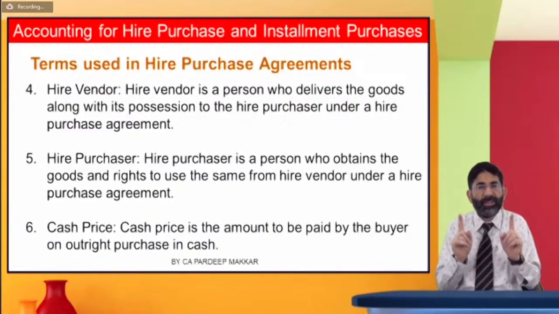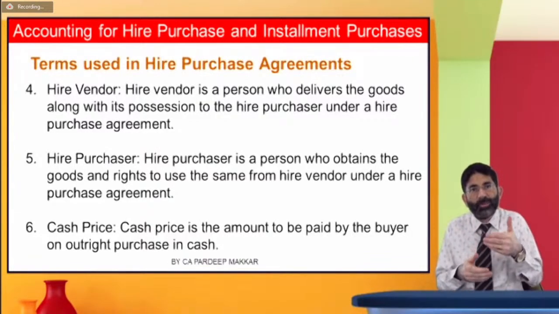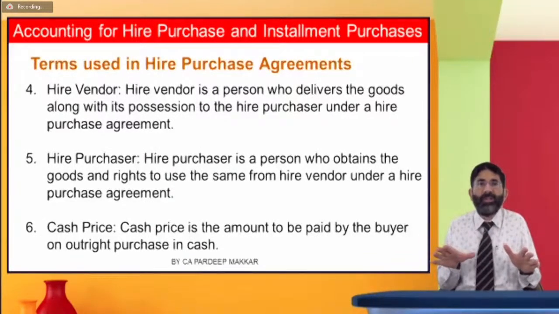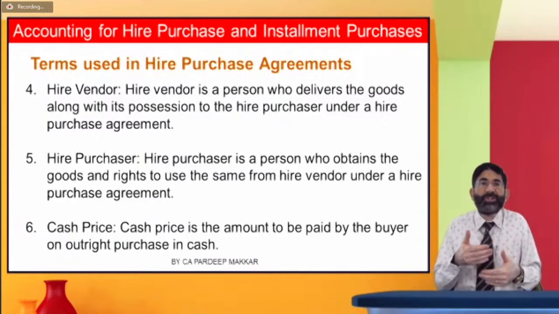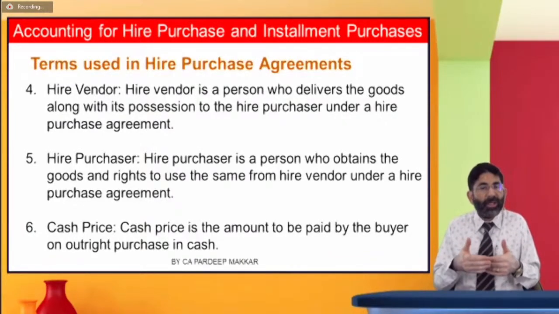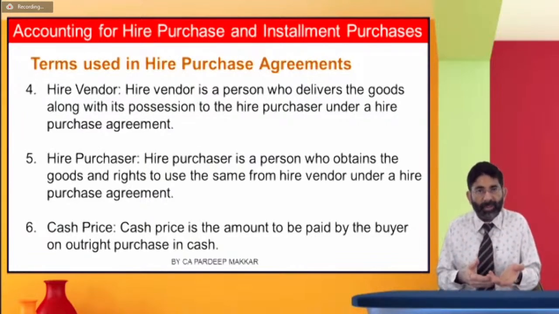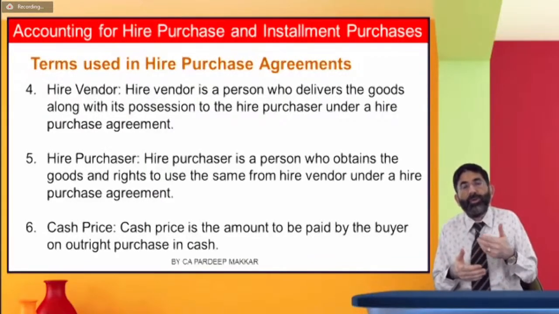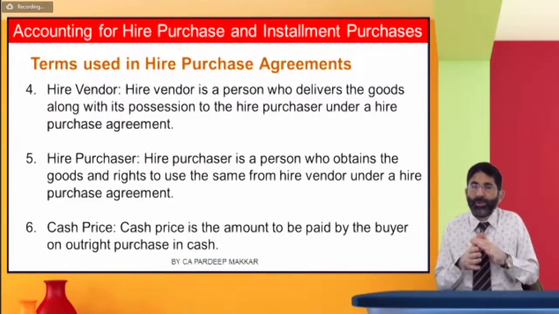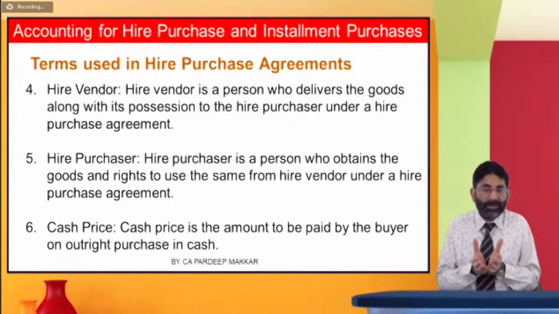It is not used in this case because we are purchasing goods on installment, so cash price will not be paid; instead, we have to make extra payment. If there is no delay in payment, no installment payment, and payment is made in one go, then that price is called cash price, beta.